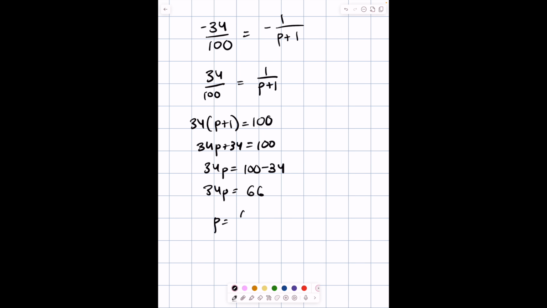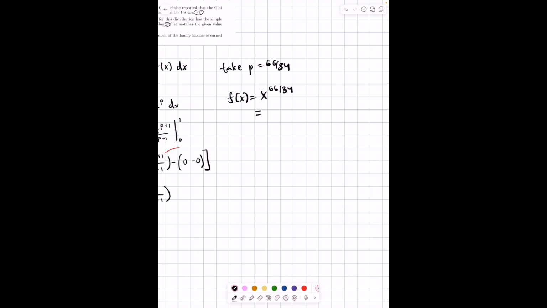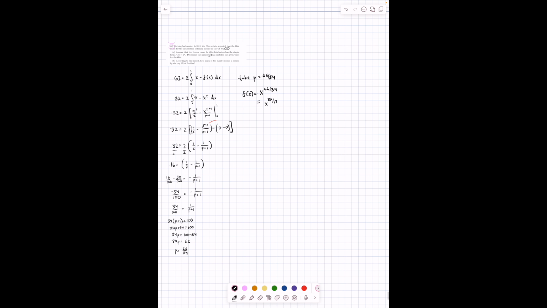Then p is equal to 66 over 34. So you just take p equal to 66 over 34, and your f of x is equal to x to the power of 66 over 34. And you can simplify it to x to the 33 over 17. Okay.